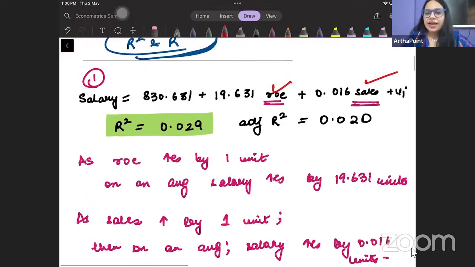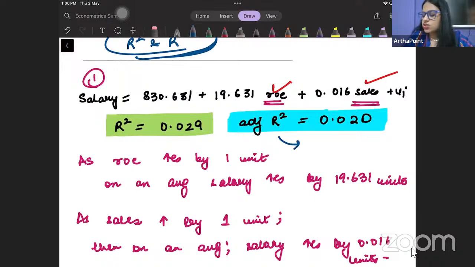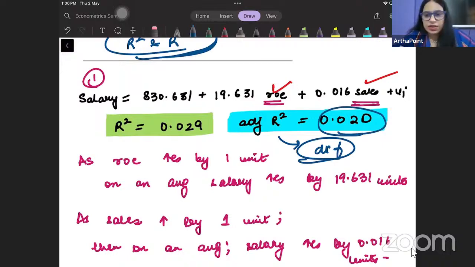And adjusted R square is 0.20. Adjusted R square considers the degree of freedom. So taking degree of freedom into account, 20% of variation can be explained.